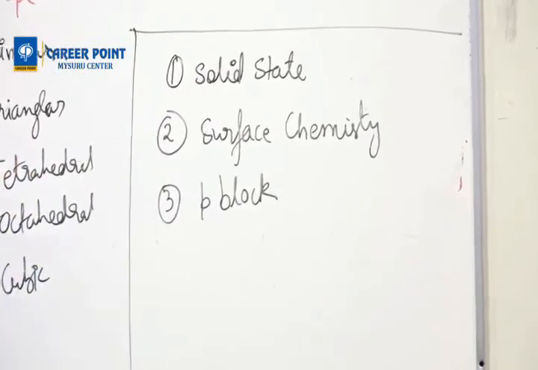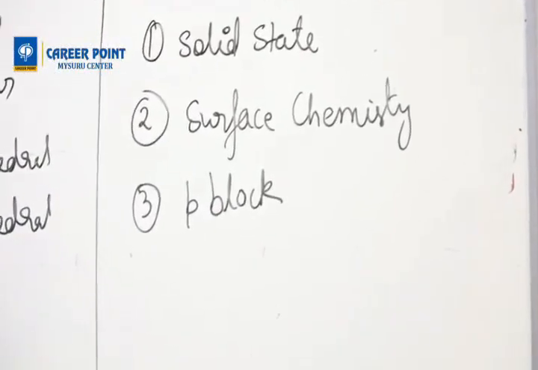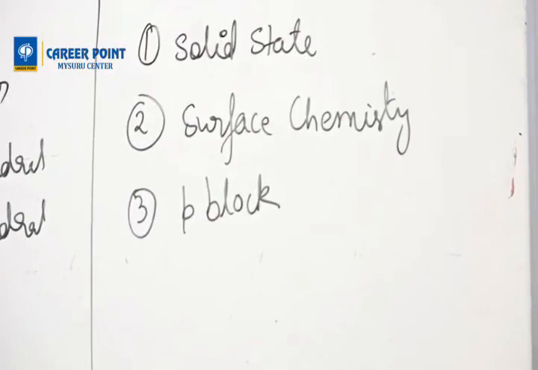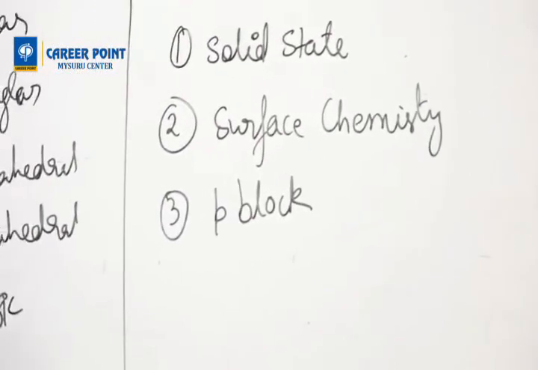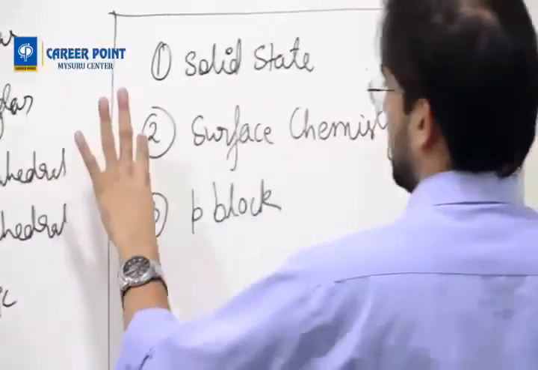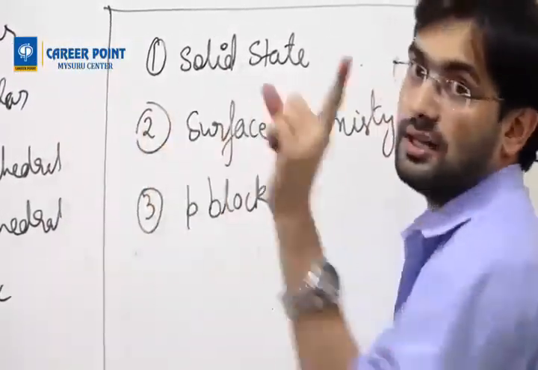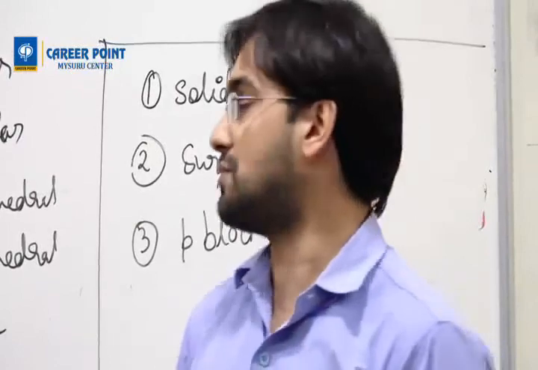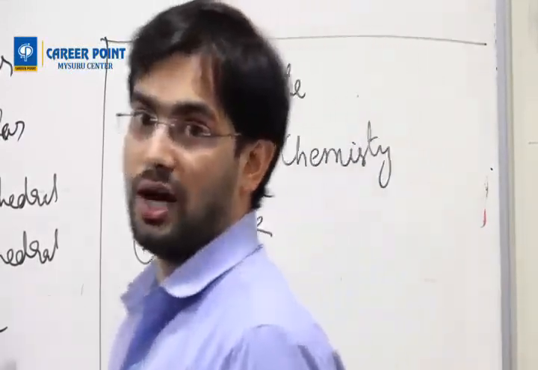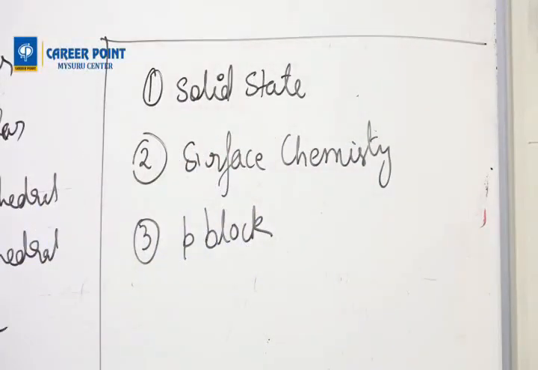So, 3 chapters I have given you. These 2 chapters, read from NCERT or any chemistry book you have. Solve the exercise which I will send in the groups. Solid state I have taught you. Will send the exercise. Solve them also.